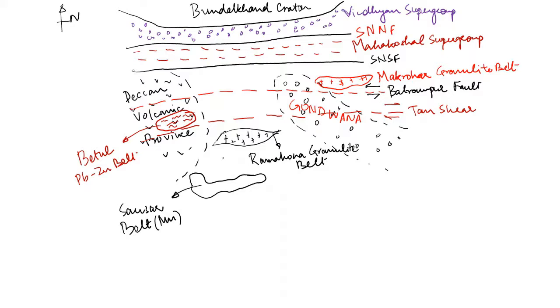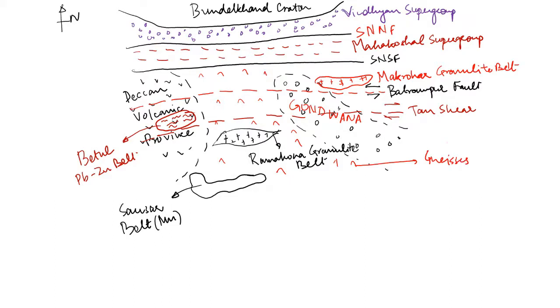A lot of crystallines, as I had told you previously, are present in this zone as well. This area has a lot of these gneisses which are exposed. These are the gneisses.